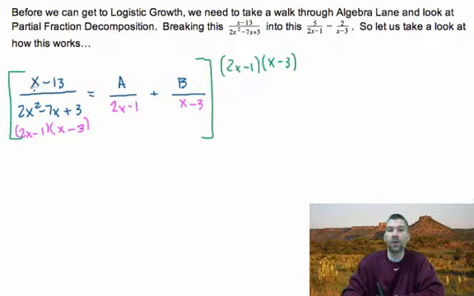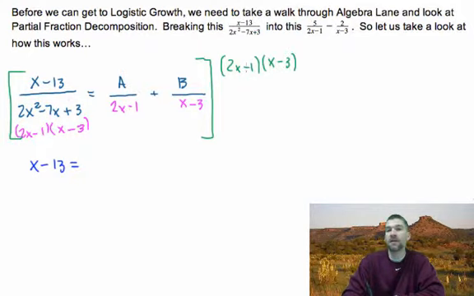So what I end up with on the left is (x minus 13) over (2x minus 1)(x minus 3), times (2x minus 1)(x minus 3). And that goes away, and it's just going to leave me with x minus 13. And then on the other side of the equal sign, I have A over 2x minus 1 times (2x minus 1)(x minus 3).